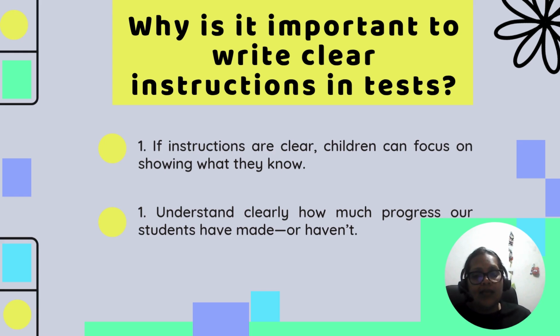But if the instructions are unclear or ambiguous, their answers may not reflect their true ability. Therefore, when we write clear and simple instructions, we not only help students, but we also ensure that the test is fair and useful for everybody.